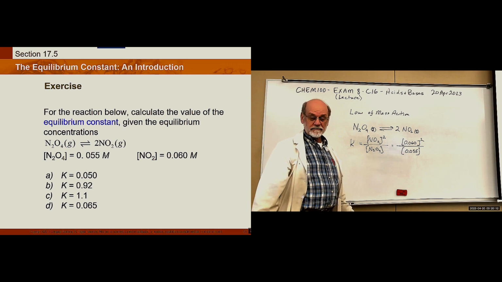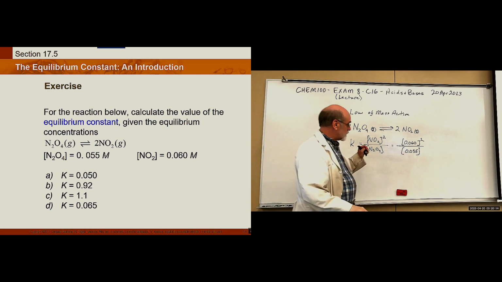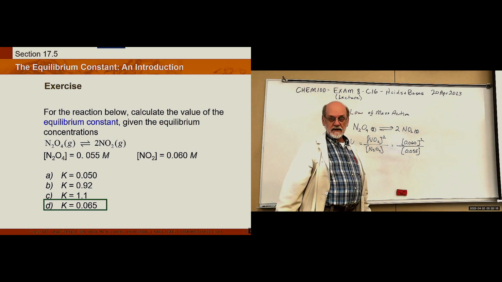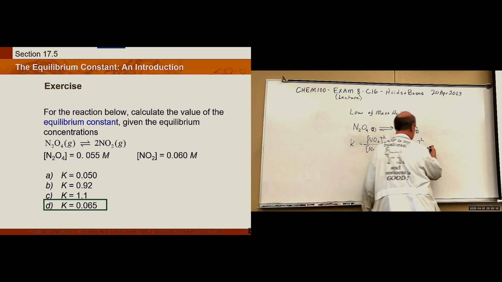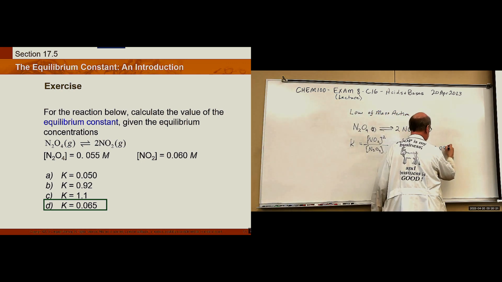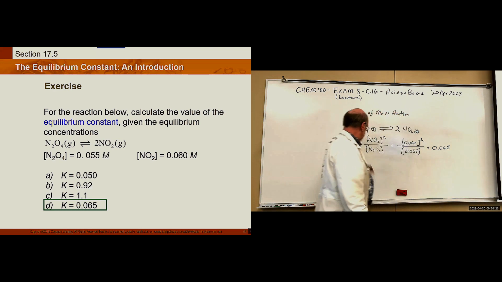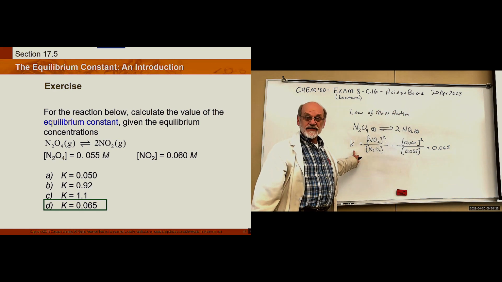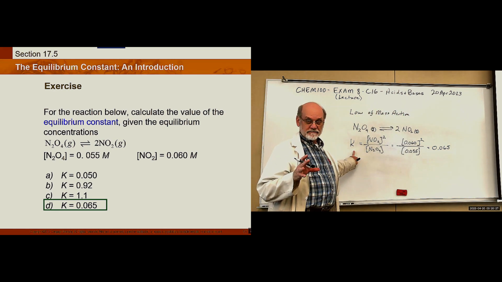Okay, and it's squared. And if we do that calculation, we should get 0.065, 0.065 as the constant at this temperature.